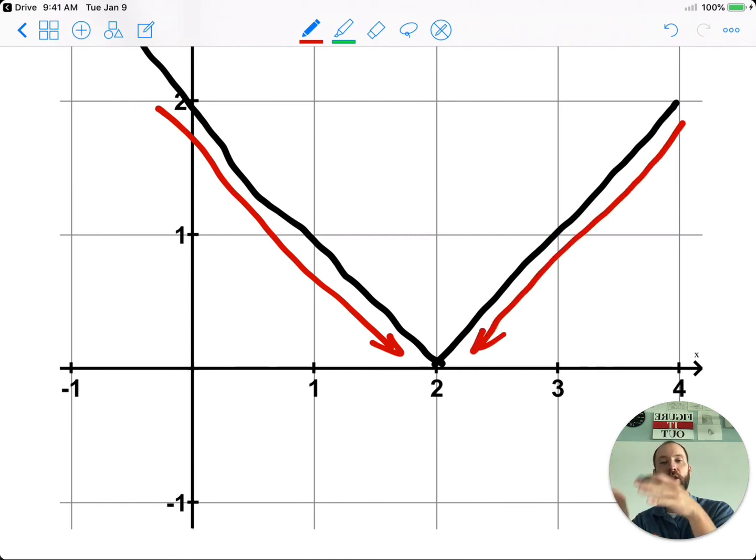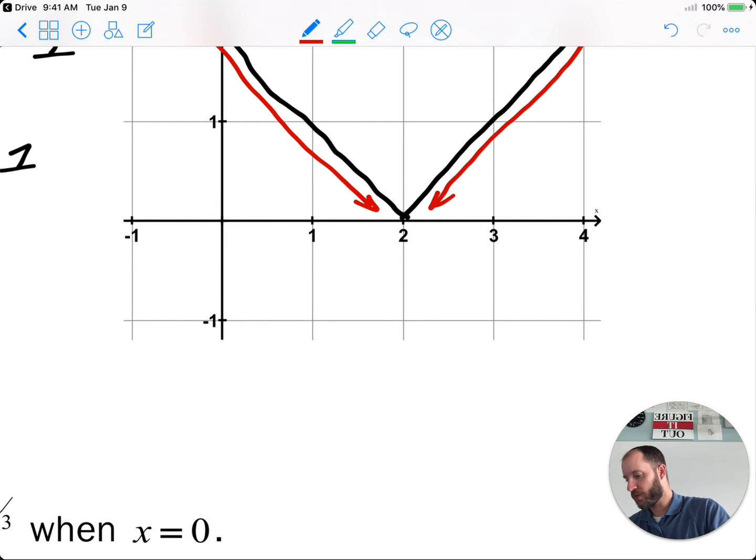Look at the slope of the black lines, okay? So at this point right here, at 2, the derivative does not exist. Everywhere else it does. At 2, it does not.